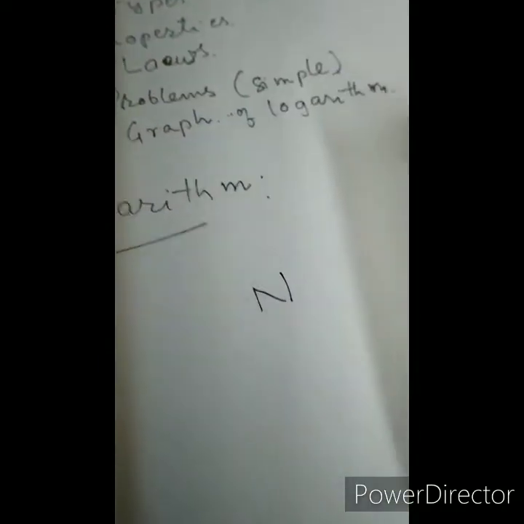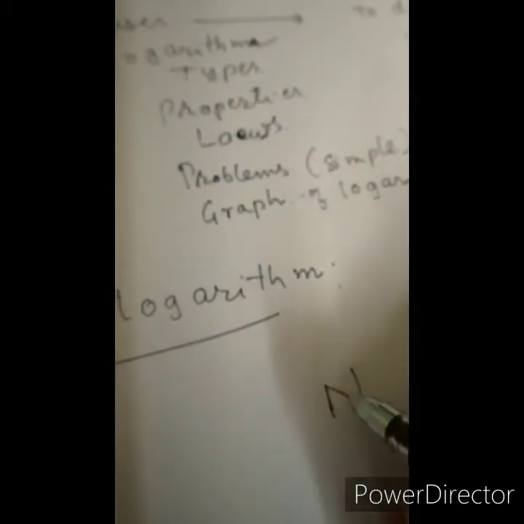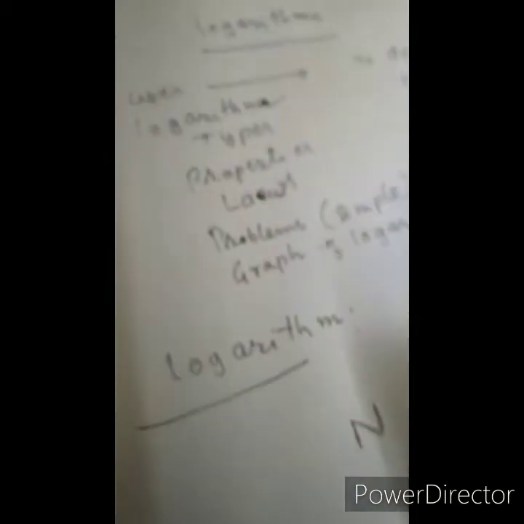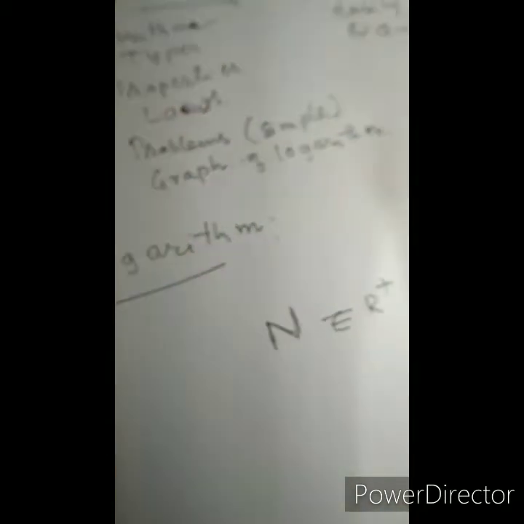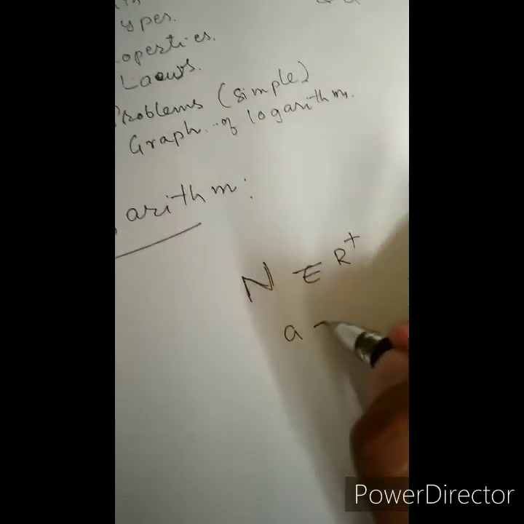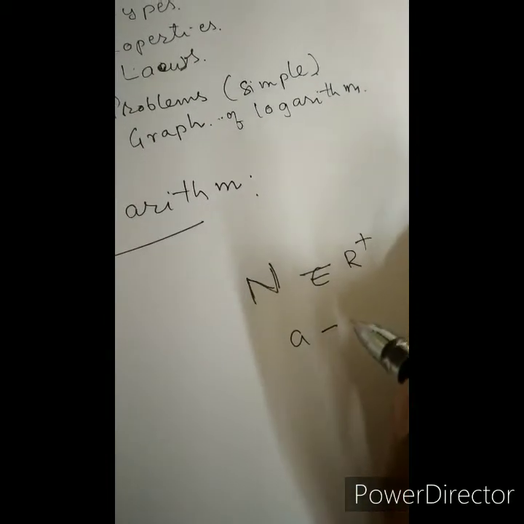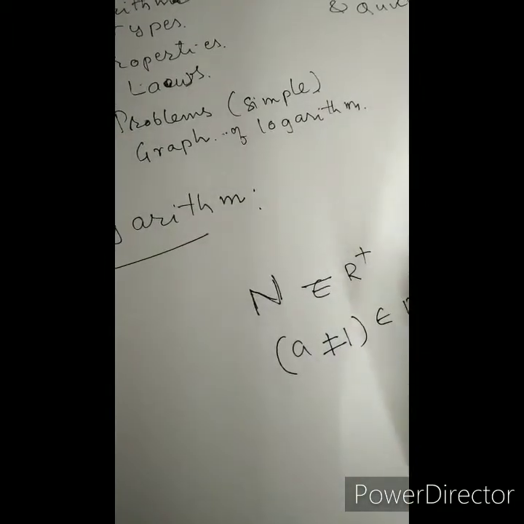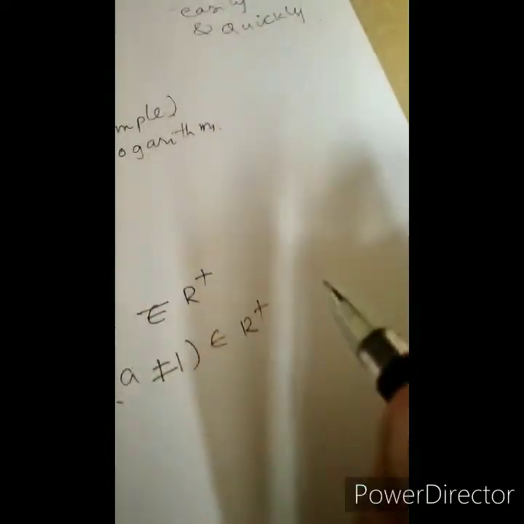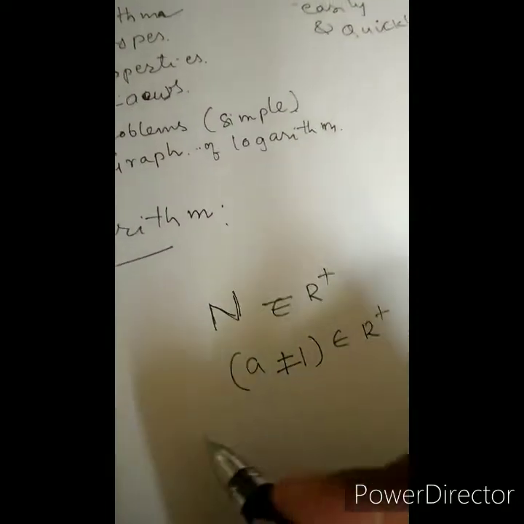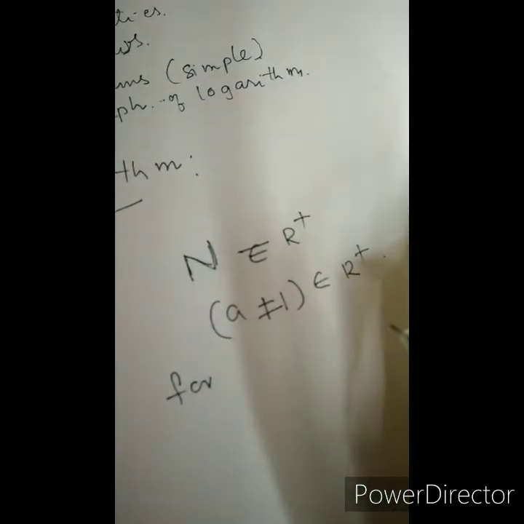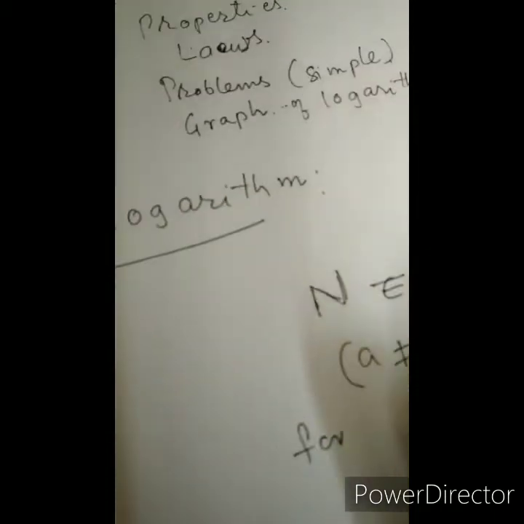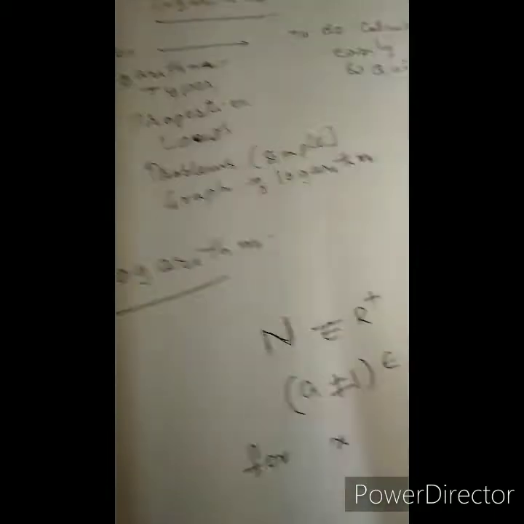I take n, a number which is a positive real number, n belongs to R plus, and a is also a positive number but not equal to 1, a belongs to R plus. Here R plus is nothing but the positive real numbers. And for some real number x, which may be a negative or positive real number, x belongs to R.